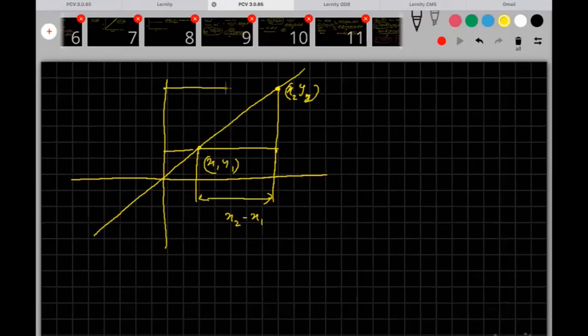Then do you understand that this distance here is y2 minus y1? Now, if this angle is theta here, can I say tan theta is equal to y2 minus y1, opposite side, by adjacent side, x2 minus x1?